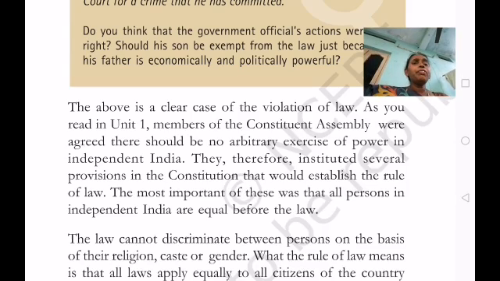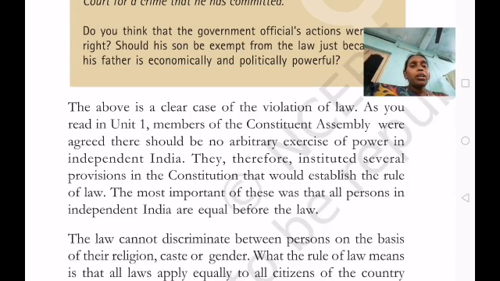There is no difference whether the person is rich or poor. If any person crosses the laws, they have to get the punishment also.